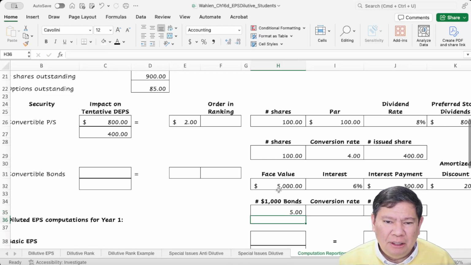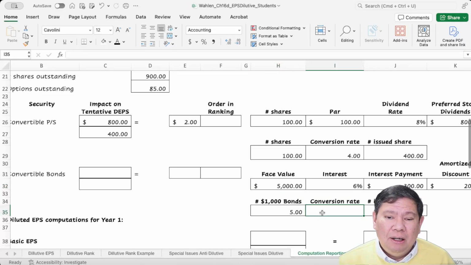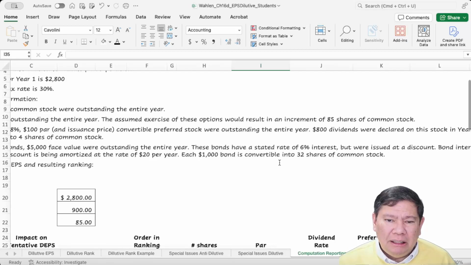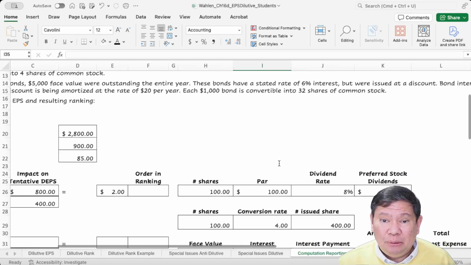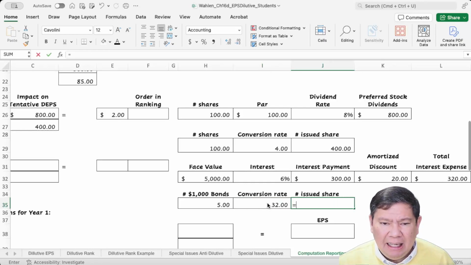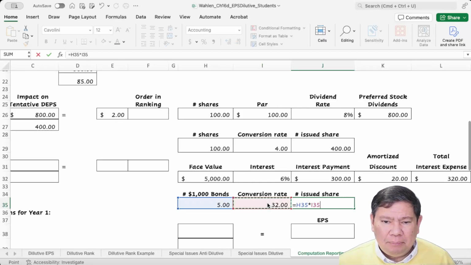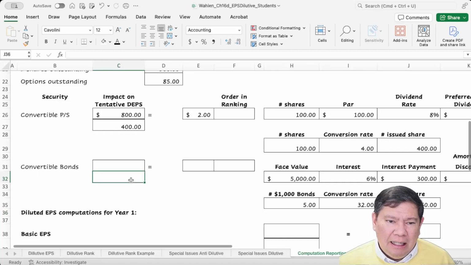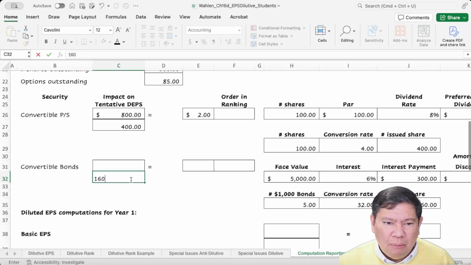The number of $1,000 bonds is going to be 5: $5,000 face value divided by 1,000. Conversion rate: each $1,000 bond is convertible into 32 shares of common stock. So we will get 160 new common shares. So the denominator will go up by 160 if it was converted.